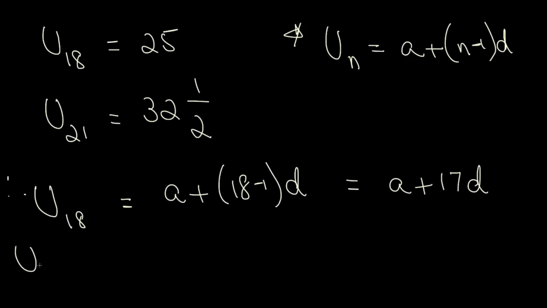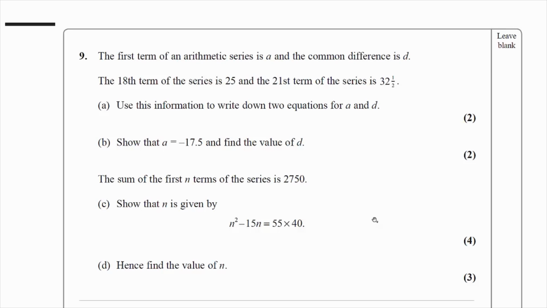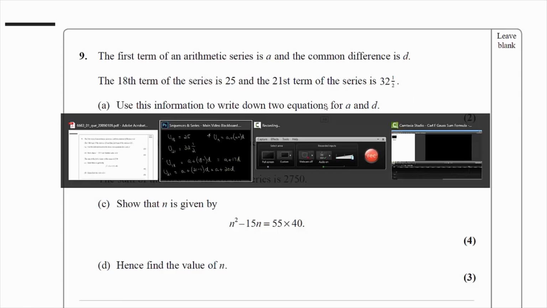And U21 can therefore be written as A plus 21 minus 1 D, which equals A plus 20D. So, to answer this question, where it says use this information to write down 2 equations for A and D, which carries 2 marks, you are getting 1 mark per equation that you're writing down, having used all of this information to your advantage.